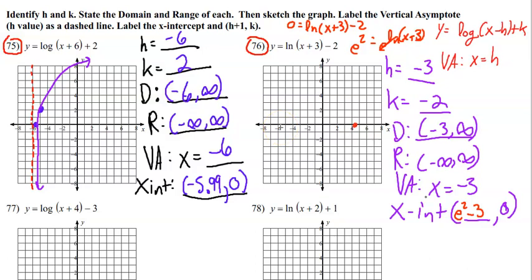Let's plot that right there. And then h plus 1, that'd be -2, and then k is -2. And then go ahead and draw your vertical asymptote.